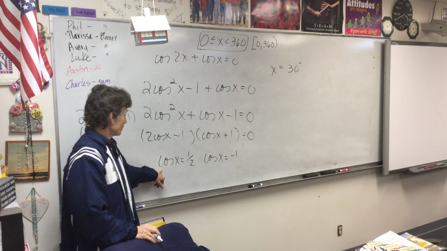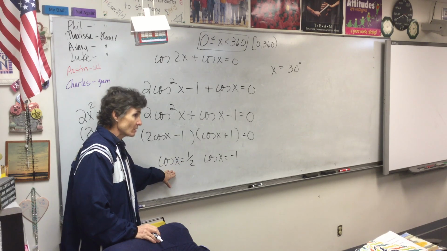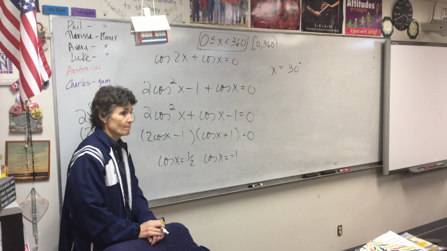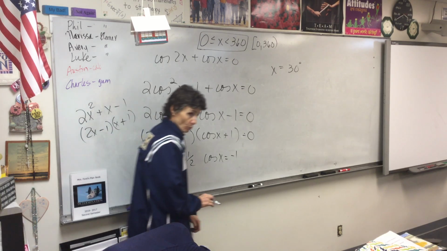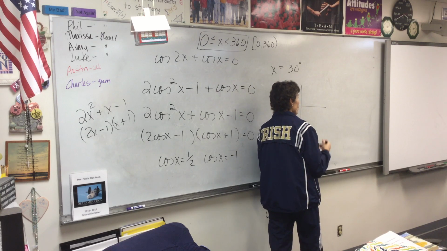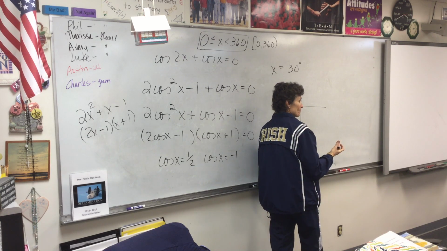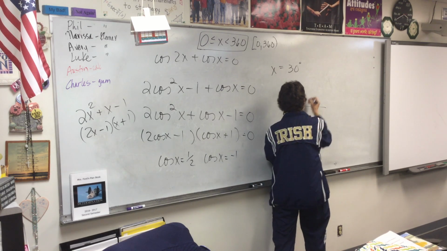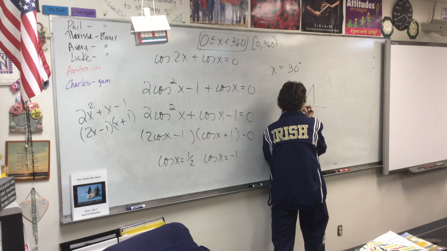So we've got to figure out what angles have a cosine of 1/2. In order to do that, you've got to stop and think, first of all, where could that be? Which quadrants could have a cosine of 1/2? 1 and 4.